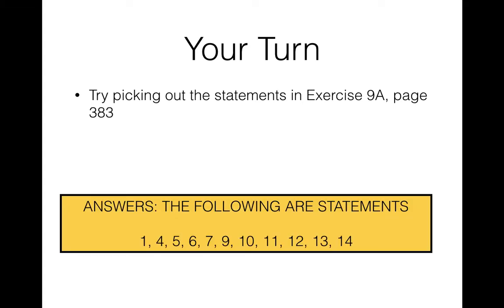So the following numbers are the ones corresponding to statements. So number 1, number 4, number 5, 6, 7, 9, 10, 11, 12, 13 and 14. If there's any of them that you didn't get right, have a look at them again now and ask me if you're not sure about why they are or aren't statements.